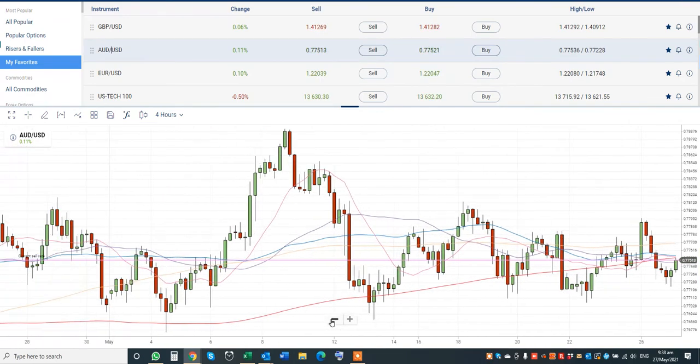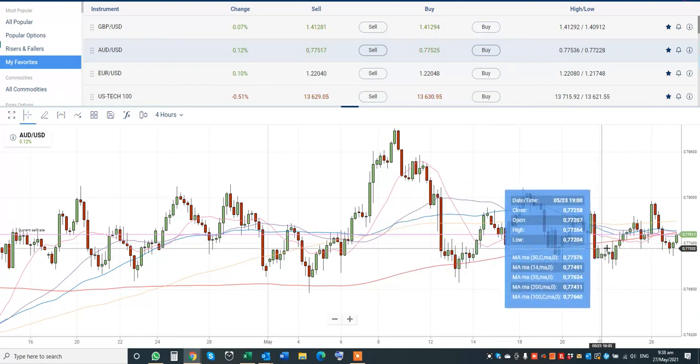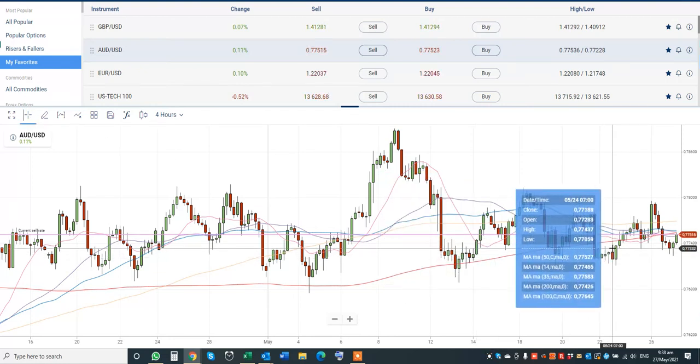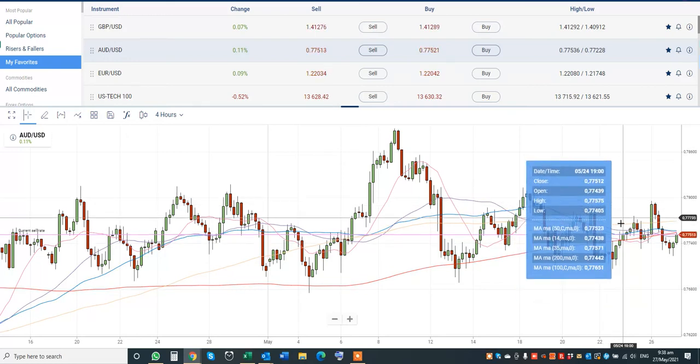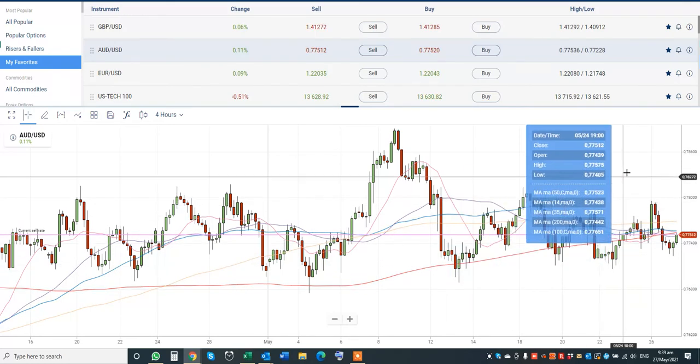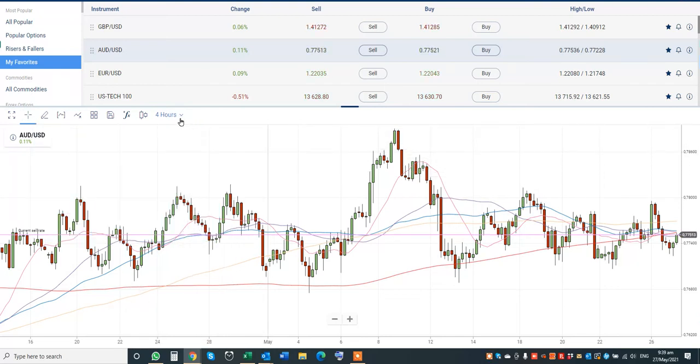This is the 4-hour chart. So you can see the price action has really been between 0.78 and 0.77. So it's quite a big time frame to play in, jumping about also on the back of China's rhetoric.